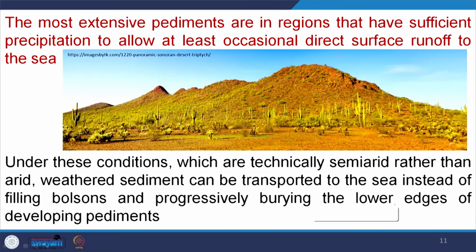So, we have to think on which ground we want to look at it and what is the best solution for it. Now you see the most extensive pediments are in regions that have sufficient precipitation to allow at least occasional direct runoff to the sea. Why? Because whenever we are accumulating sediments at a local base level higher than the main base level, we are suppressing the pediment surface.